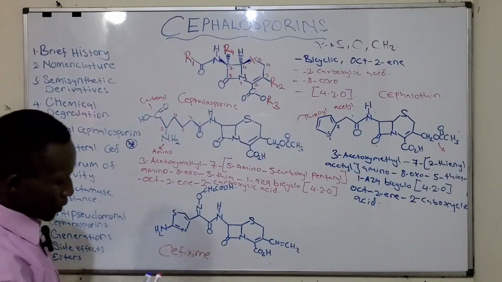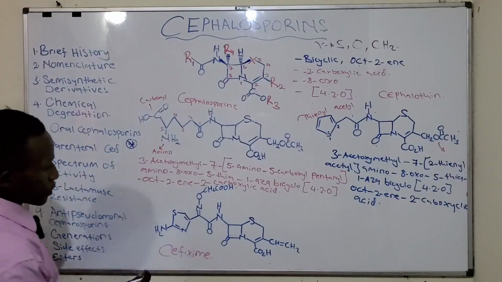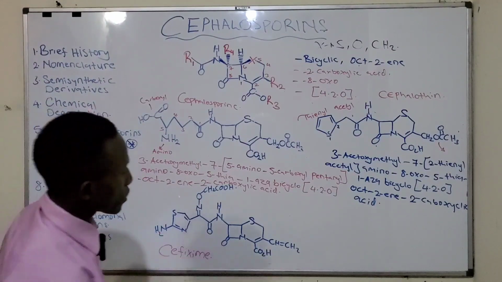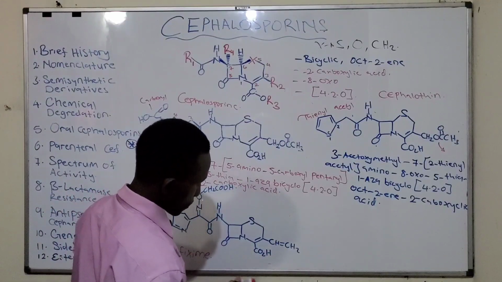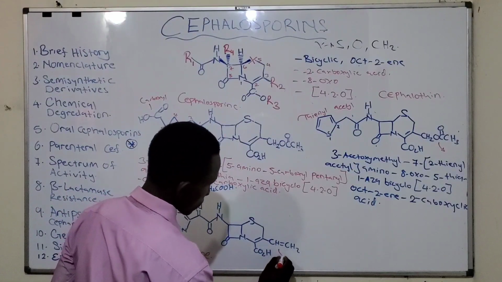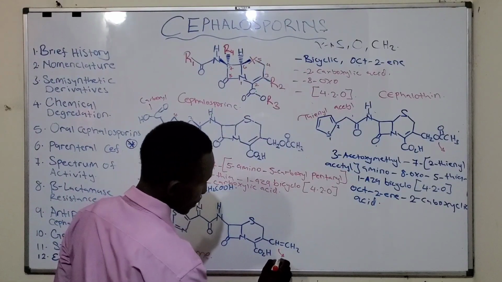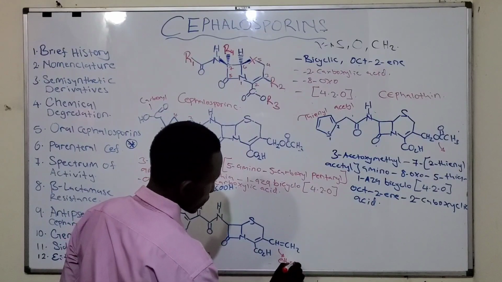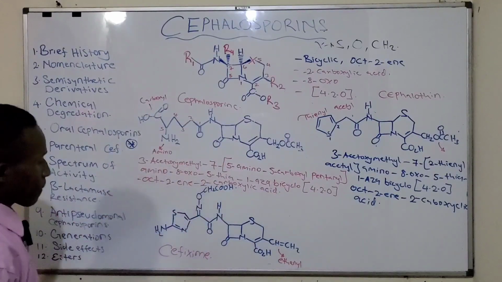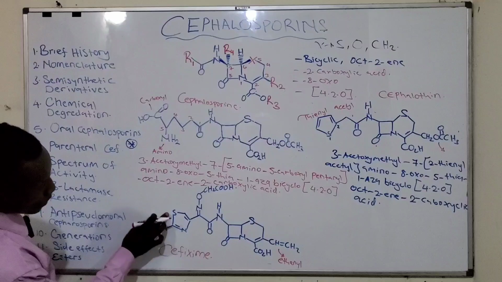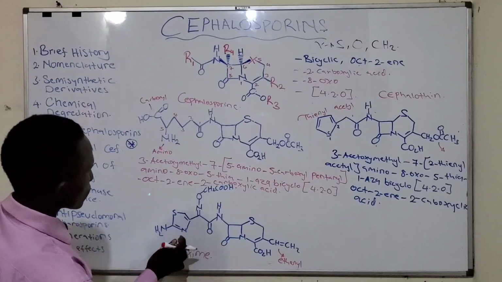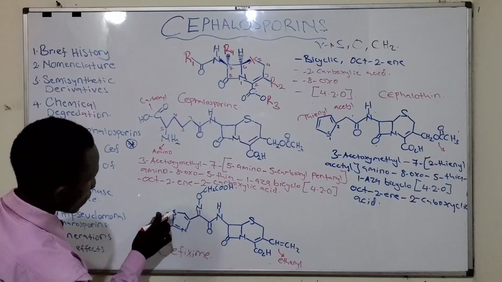Our cephalosporin, we can name it. This group is ethene, so it is ethenyl group. This group alone, it is thiazole.